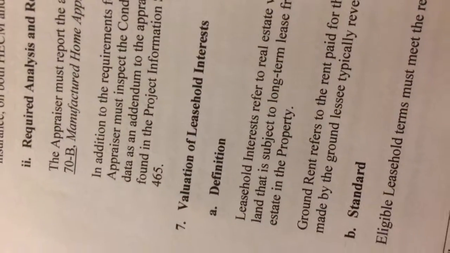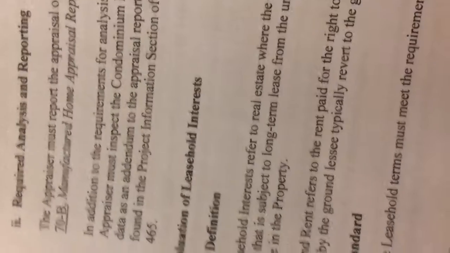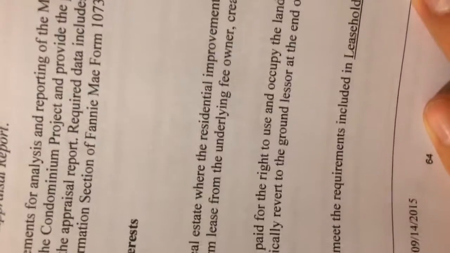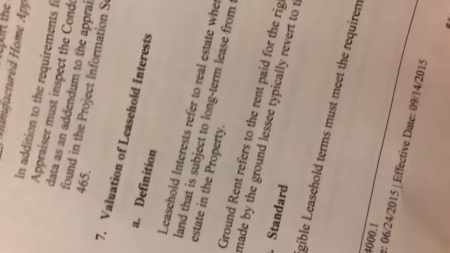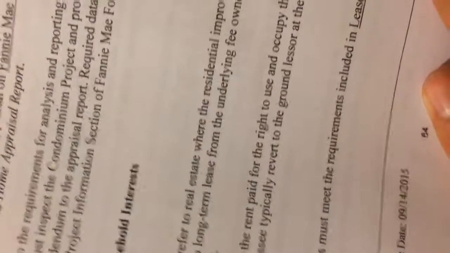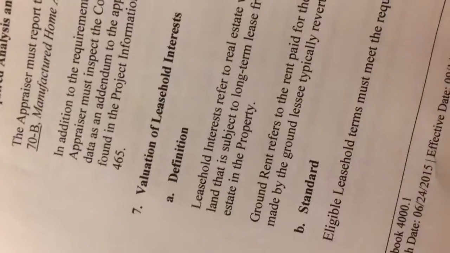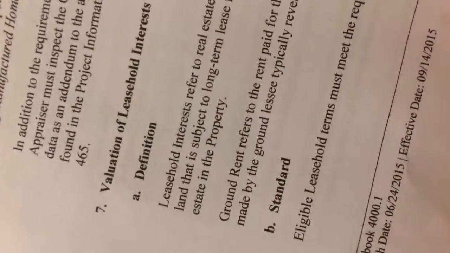7. Valuation of leasehold interests. Definition. Leasehold interests refer to real estate where the residential improvements are located on land that is subject to long-term lease from the underlying fee owner, creating a divided estate in the property.